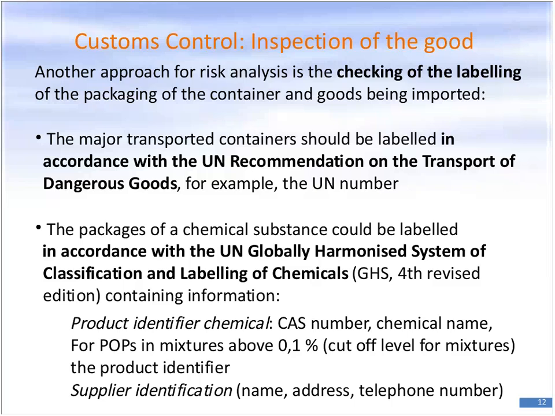That 0.1% is for highly acutely aquatic toxic chemicals, for carcinogenic and for reproductive toxic chemicals, and all the listed POPs have at least one of those properties. So if the GHS is applied, they should be on the label of the mixture if they are there above 0.1%.